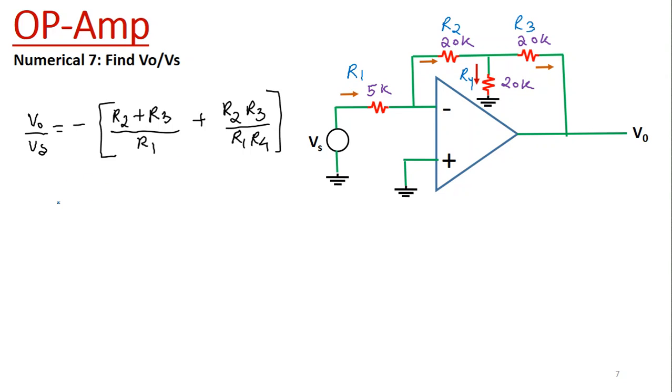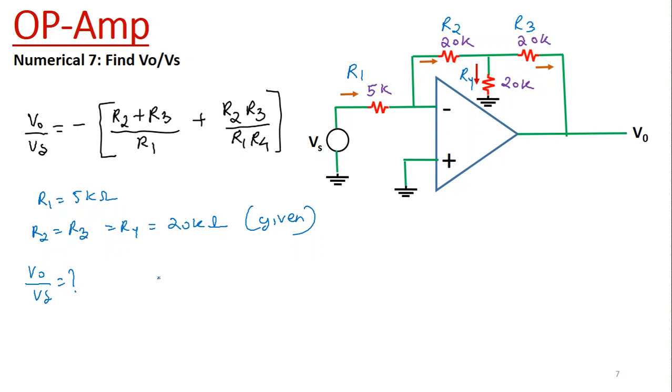From this circuit diagram we can see that R1 is equal to 5 kilo ohm, and R2 is equal to R3 is equal to R4 is equal to 20 kilo ohm. This is given in the question, and we have to find out V0 upon Vs. So this will be equation number 1, and we put all the values in equation number 1.